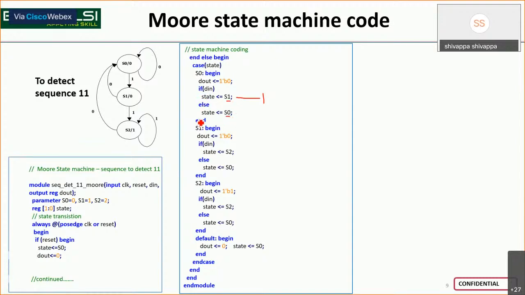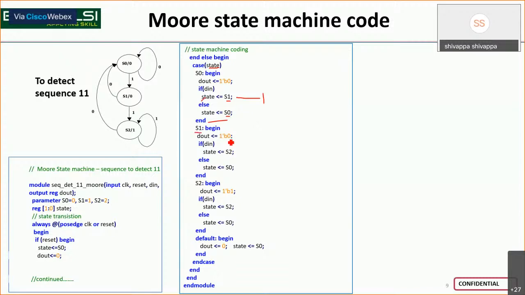Now, at every clock it enters, and on the next clock the state is S1, because here you have assigned the state as S1, and that assignment takes effect at the end of this time unit; it is non-blocking.